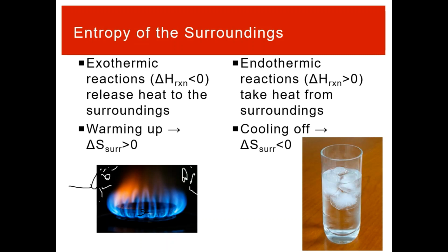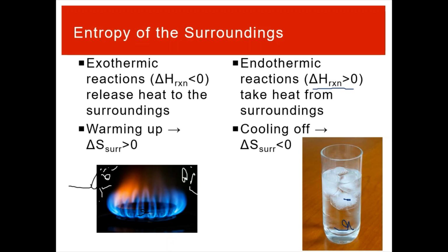For an endothermic reaction, the opposite happens, right? Delta H would be positive and heat comes in from the surroundings, so we cool them off. So these ice cubes are melting, and the literal molecules in the ice are becoming more disordered because they're becoming liquid. But the water that's in the cup is getting colder.